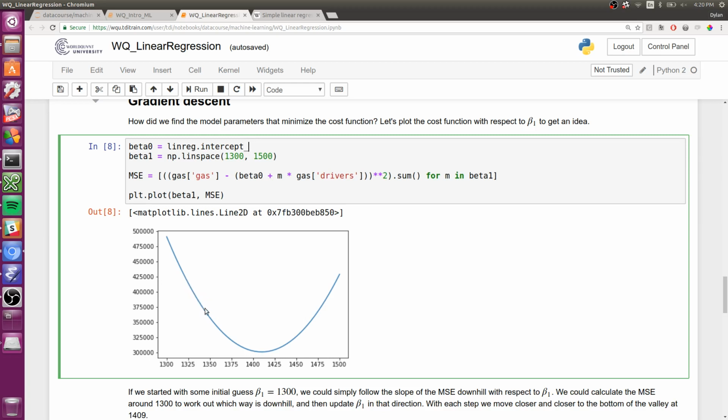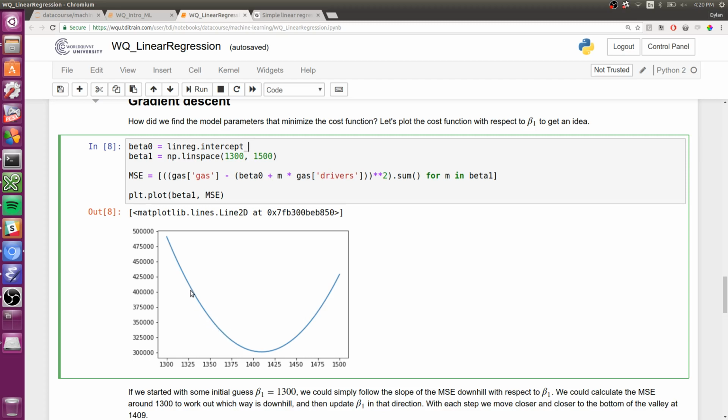I take some step. I calculate the slope again. Take some step. Calculate the slope again. And my step should be proportional to the severity of the slope, so that when I get to the bottom and the slope becomes very shallow, I start taking very little steps, so I don't overshoot the minimum. And when I get to the minimum, I stop.